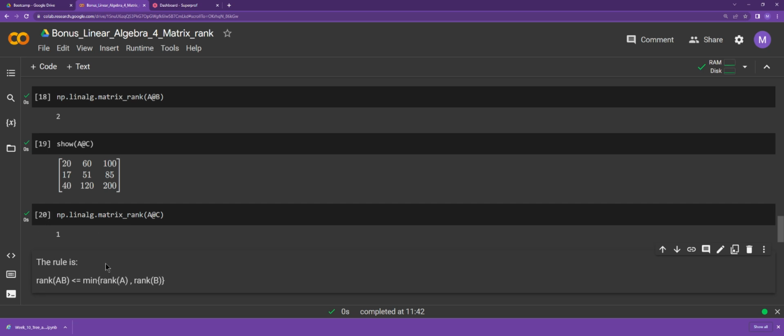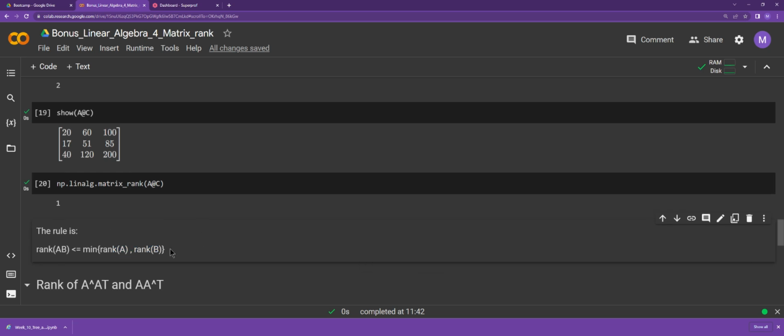The rule for the dot product, the multiplication of two matrices, is that the rank is going to be at most the minimum of the rank of A or B. In this case, because A had the lower rank, the product of these two matrices would have a rank equal to the minimum of these, or less.